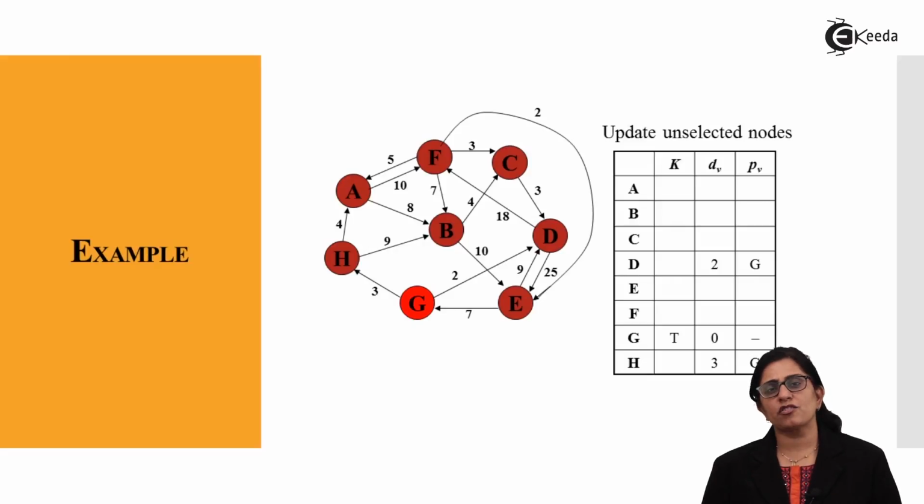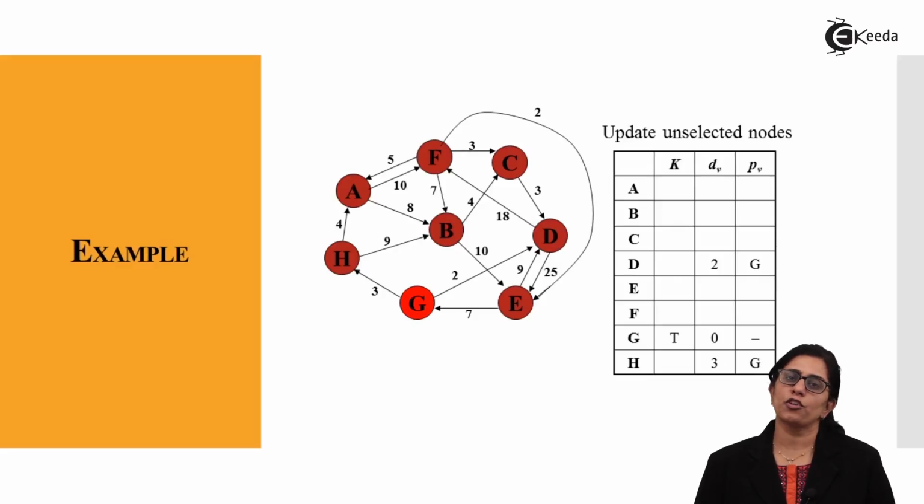So in the distance array, we update the data to be 2 in case of the node D and 3 in case of the node H. And from where is it reached? It is reached from the source G. So in the PV, we write down G.